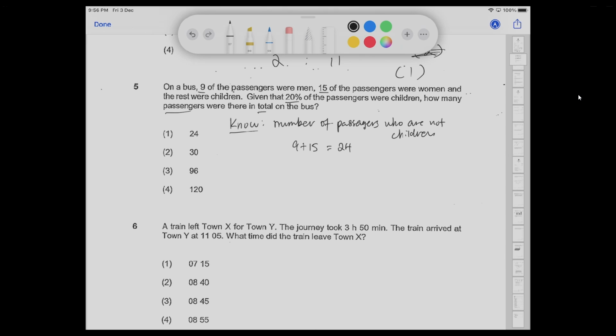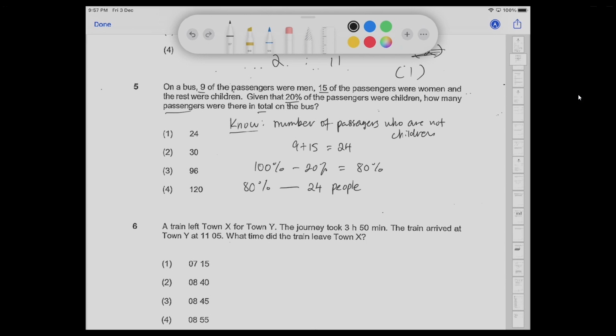What is the percentage of the passengers who are not children? 20% were children, so that is just 100% minus 20%, which is 80%. That's really good because now we can relate the number with the percentage. So we know that 80% of the passengers on the bus is 24 people.